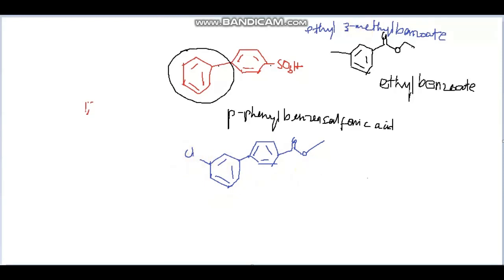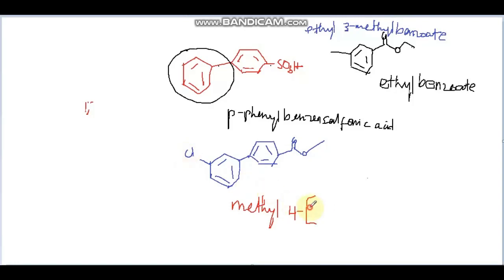To name this, the first step is to name the alcohol portion of the ester, which is methyl. So you write methyl. This methyl is the one which forms the ester here. Now when you come to the benzoate, on the position 4 of the benzoate, there is what? A chlorobenzene. So you indicate the position 4, or let's say with P, anyhow you want to do it. So position 4 of the benzoate has this complex substituent, which you open in bracket. This substituent is a phenyl that also has chlorine at position 3.